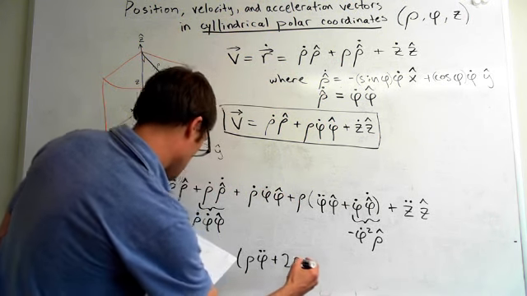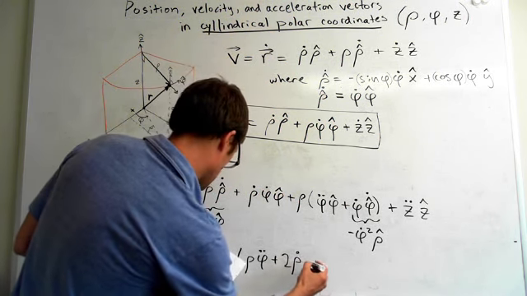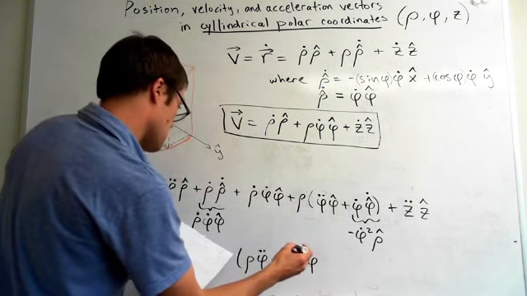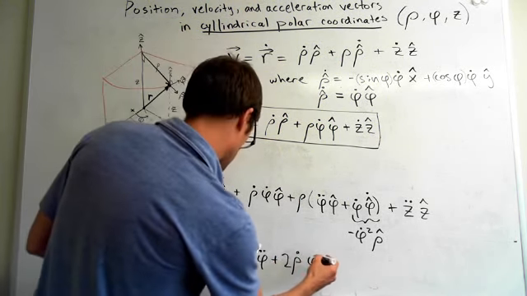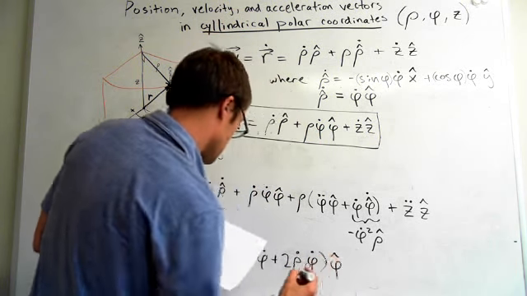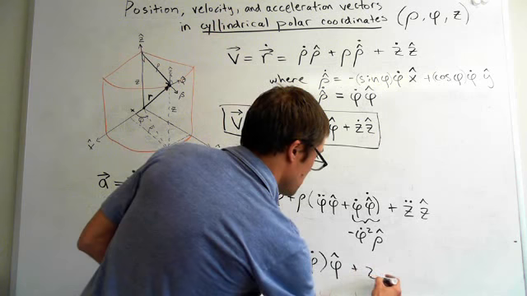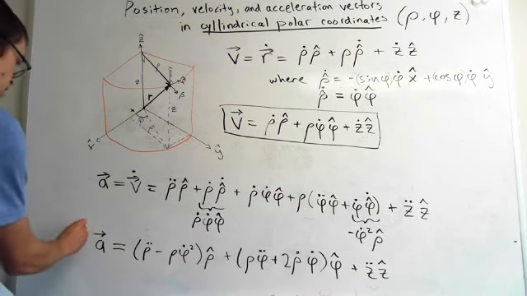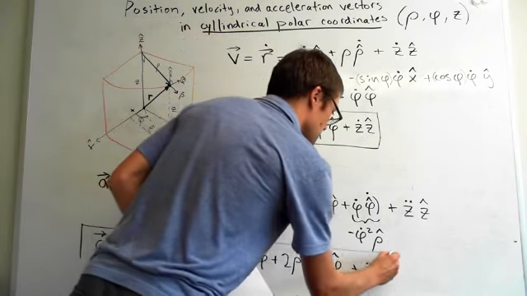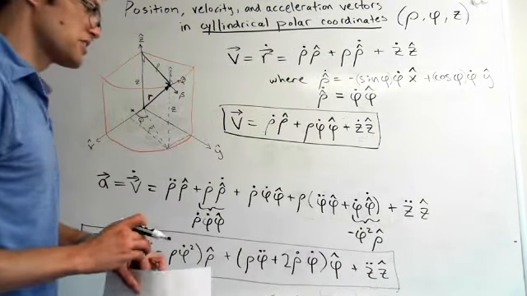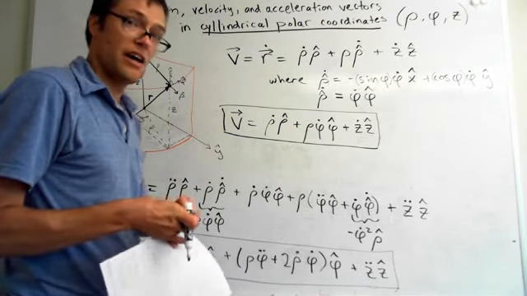So let's see, we've got 2 rho dot phi dot, and those are all the phi hat terms, and then we've got the z term. Okay, so that is the expression for acceleration in cylindrical polar coordinates, and we're done.